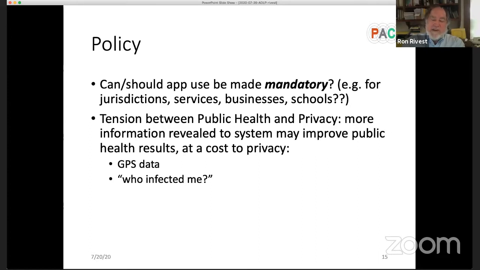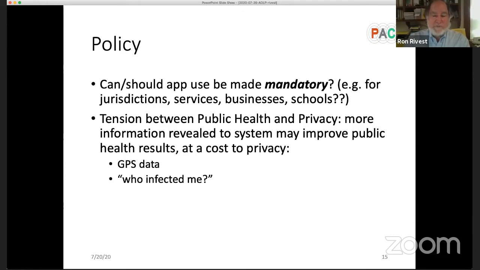For example, if you added GPS data to your app, well, maybe you could track people better and find out who they were near better and stop the disease more quickly. So there's a push from some folks to say, yeah, we should have GPS data. You'll see some apps come out that use GPS data. I'm not a fan of that because of privacy reasons, but there's that tension between public health and privacy over the use of GPS data.